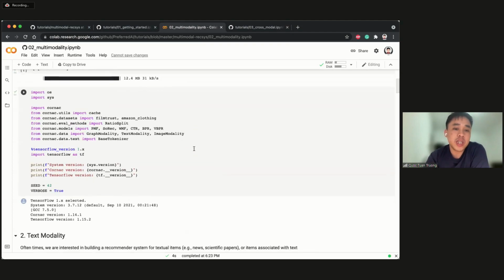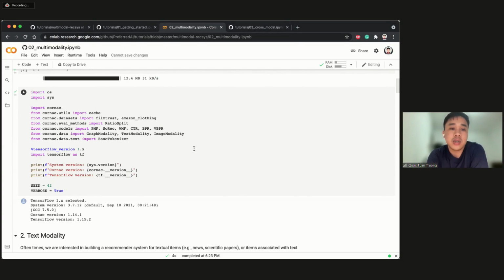Yeah, so basically, regarding this, there was a previous question asking is Cornac compatible with TensorFlow and PyTorch, right? Basically, we don't make PyTorch or TensorFlow a core dependency of Cornac. That is the first design principle that we agreed on in the beginning, and then we make those model-specific dependencies.